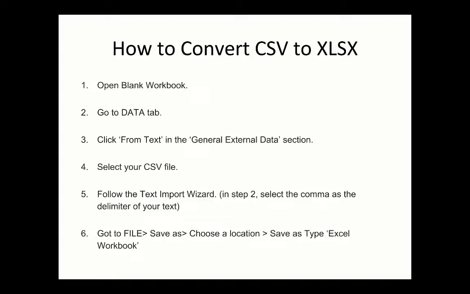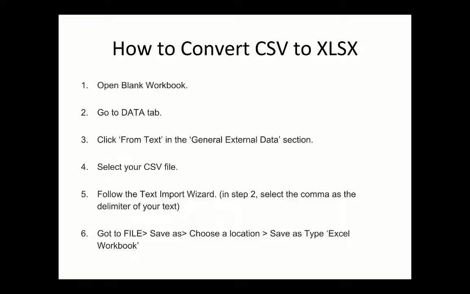To open a CSV file in Microsoft Excel, you should follow the following steps. First, open Microsoft Excel. Next, go to the Data tab. Then click on the From Text button listed in the General External Data section. You will select your CSV file on the Navigator window that appears.